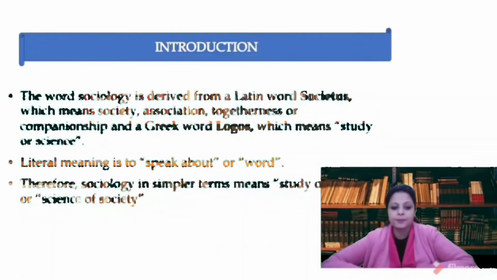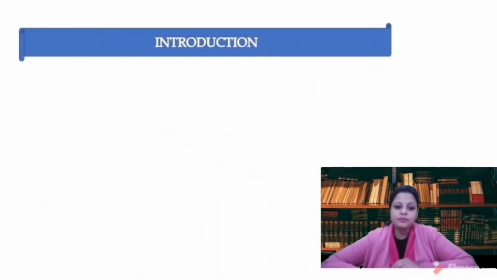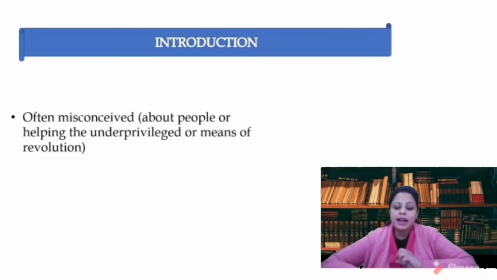Very good. Now Auguste Comte took many efforts and gave his best in increasing the body of knowledge of sociology, and many other sociologists also followed him. But it was seen that there was misinterpretation of the word sociology. Many people misconceived it, and they were against the sociologists.